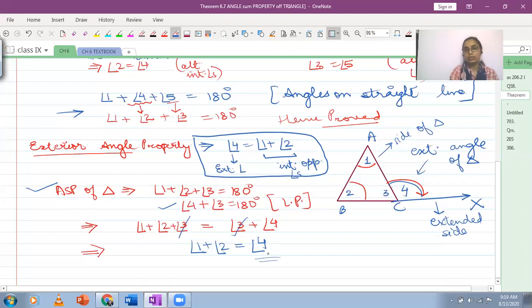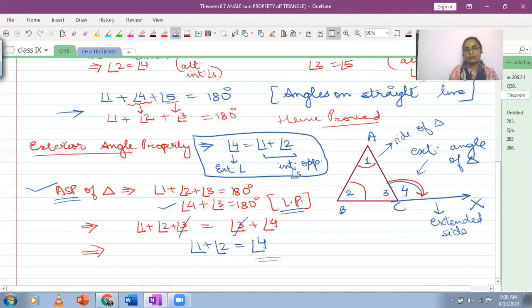So this actually is referred to as the exterior angle property, जो हम sums में use करते हैं कि exterior angle of a triangle is equal to sum of interior opposite angles. कहाँ से आया? वो यहाँ से आया है with the help of angle sum property and the linear pair theory. Are you following? Yes, ma'am.